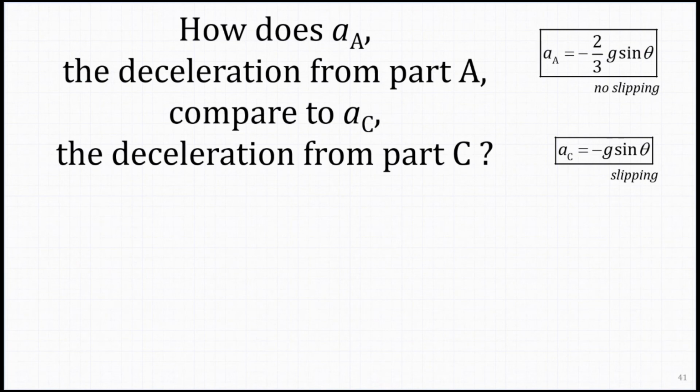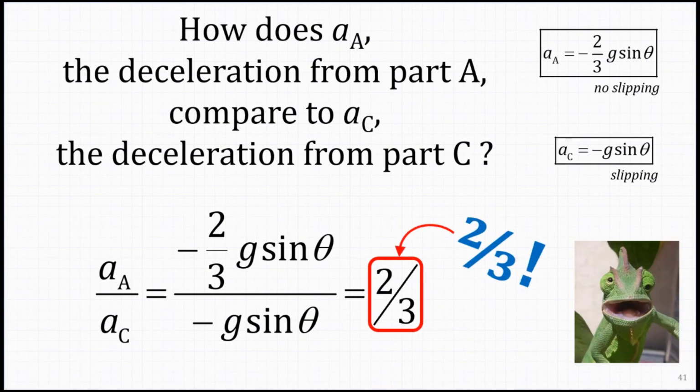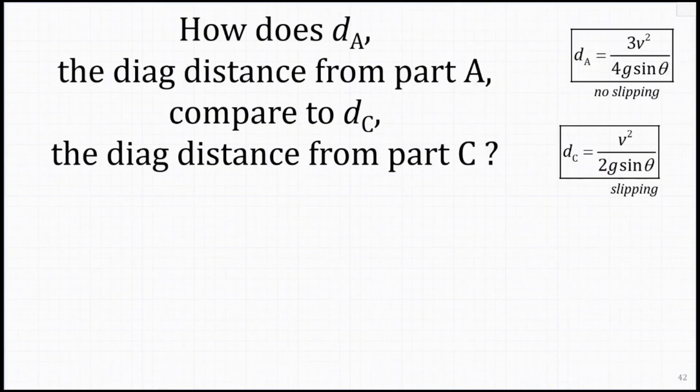So how does the acceleration in part A compare to the acceleration in part C? That is to say, the no slipping acceleration with the slipping acceleration. Well, when I do a ratio, I get a perfect 2/3. Yeah, that's amazing. Can you believe it? What if I compare the diagonal distances from part A to the diagonal distances in part C?